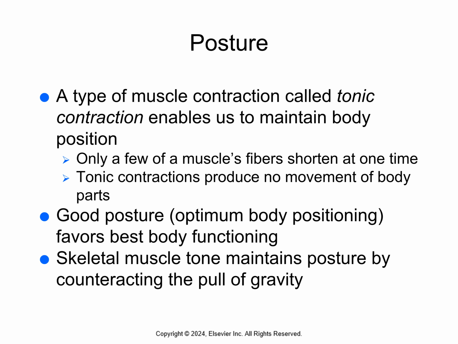This can happen because a few muscle fibers shorten at one time and the muscle as a whole does not shorten, so no movement occurs. That's why we have posture. Good posture is optimum body position, which favors the best body functioning. Skeletal muscle tone maintains posture by counteracting the pull of gravity. So that's a tonic contraction.